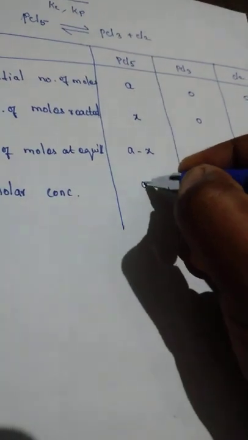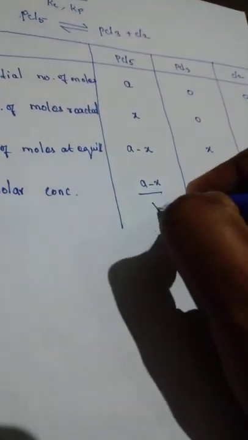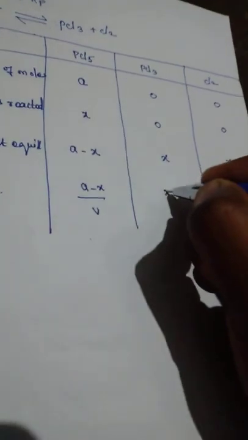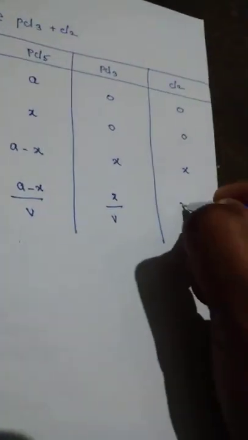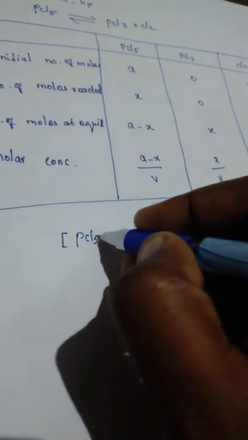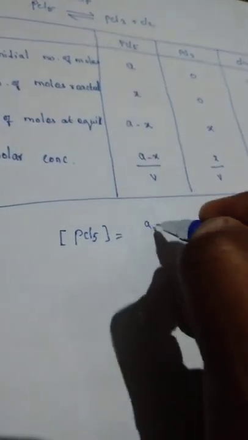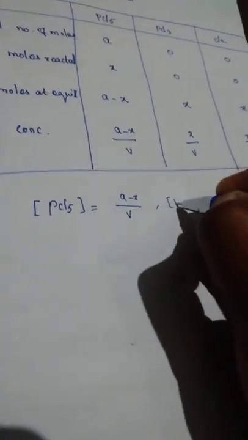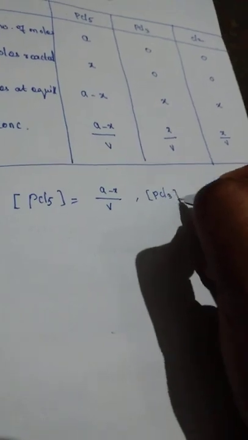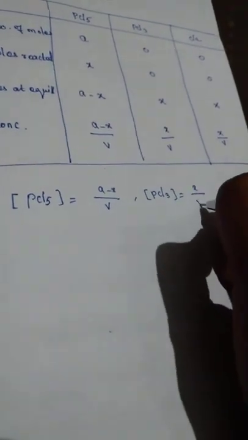So this is A minus X divided by V, and this one X divided by V, and this one X divided by V. So from this you can write the concentration of these three. Concentration of PCl5 is equal to A minus X divided by V. Then next, concentration of PCl3 is equal to X divided by V.